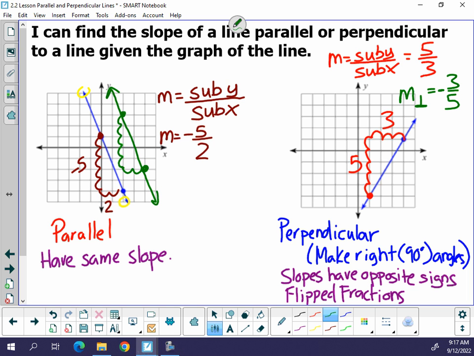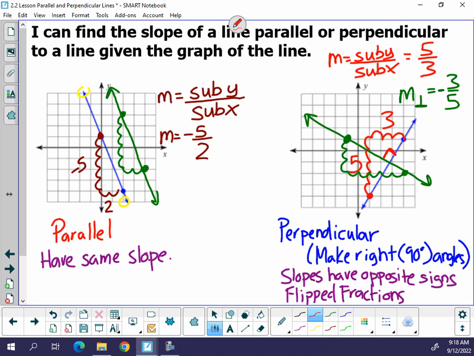So I could pick any point in the coordinate plane. And if I go down 3 and I go right 5, I'm going to end up with a line, if I connect those two points, that's perpendicular to my first line. I didn't draw it perfectly straight because I don't have a straight edge here, but those two lines should make 90-degree angles.